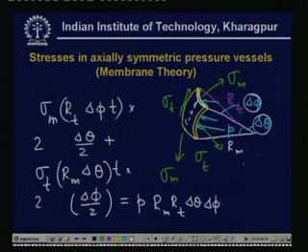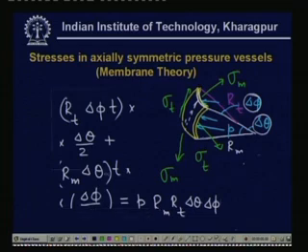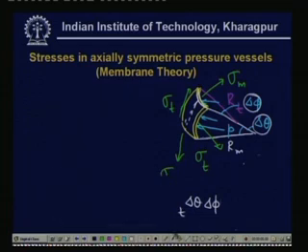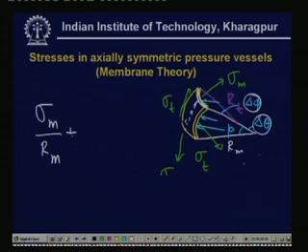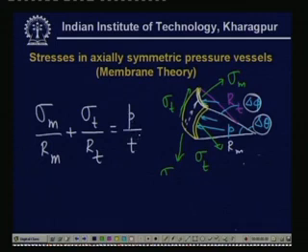Once you consider these expressions, then after some algebraic manipulations you get the following form: sigma m divided by R m plus sigma t divided by R t is equal to P by T. So, this is one expression relating sigma m, sigma t, P, R m, R t and T.